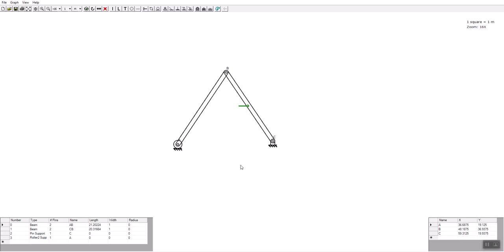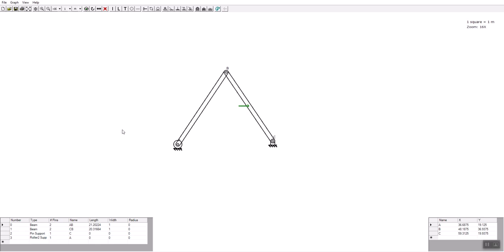Now let's look at some mathematical reasons. Now this member AB from our previous discussion is a two force member. So there are two forces, one at B, one at A, and those forces should be equal and should be along the line AB. But this roller can apply only a vertical force. It cannot apply a force along the line AB. That's why this structure collapses.